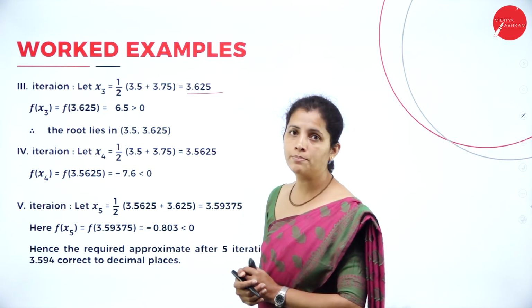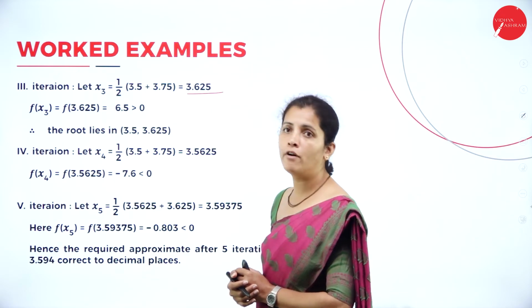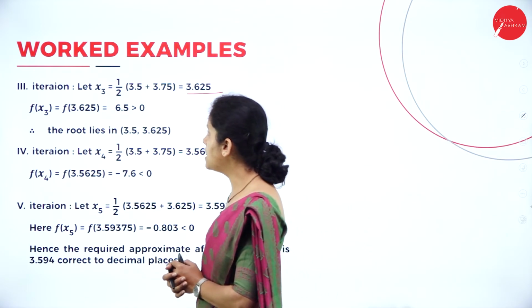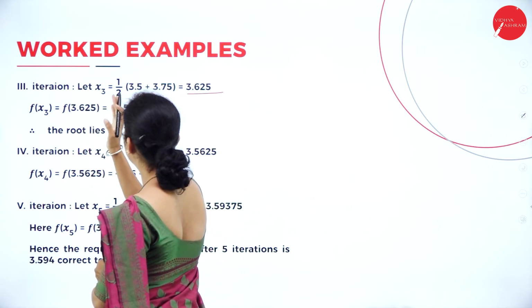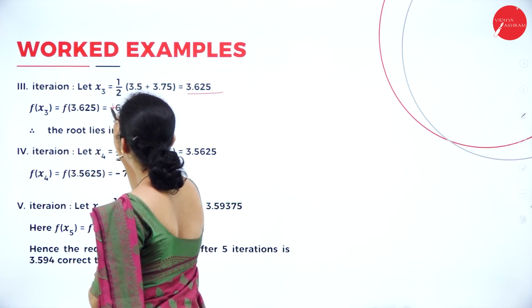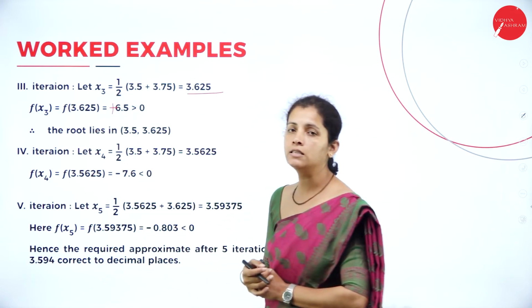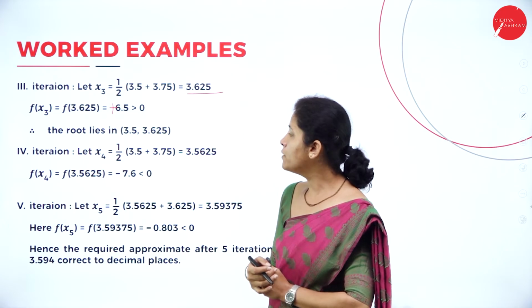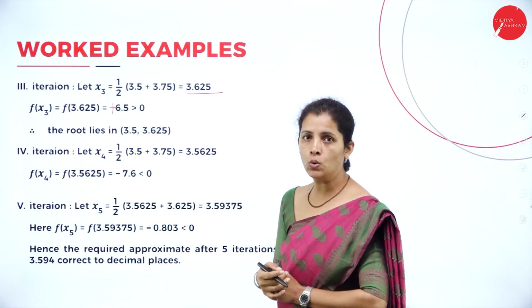And I'm going to substitute that in my f of x3. And when I substitute, I'm going to get a positive value, that is 6.5, which is greater than 0.